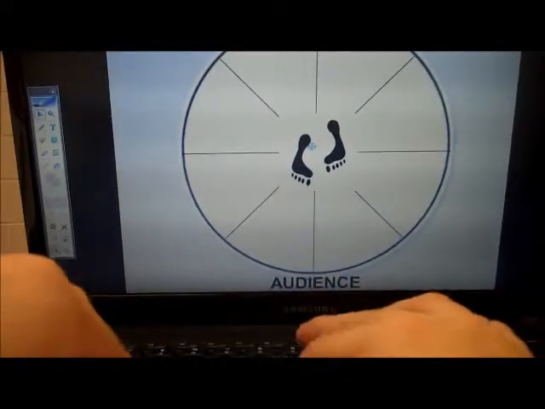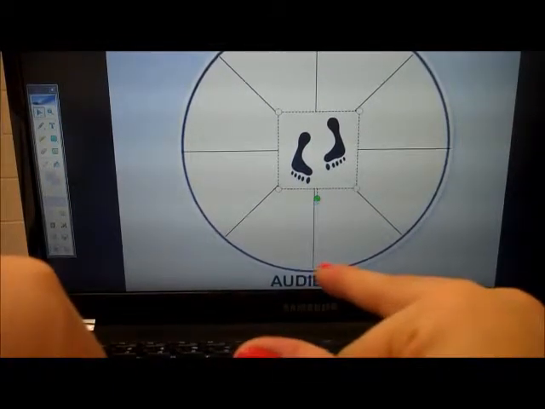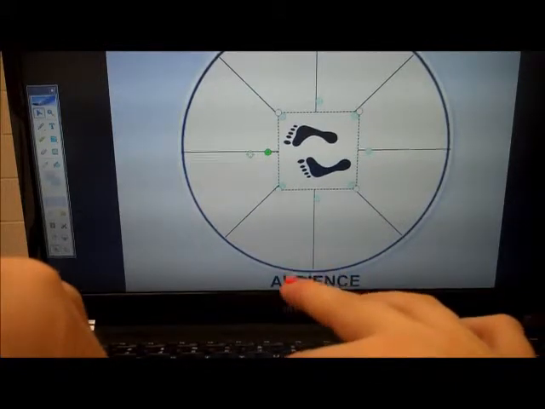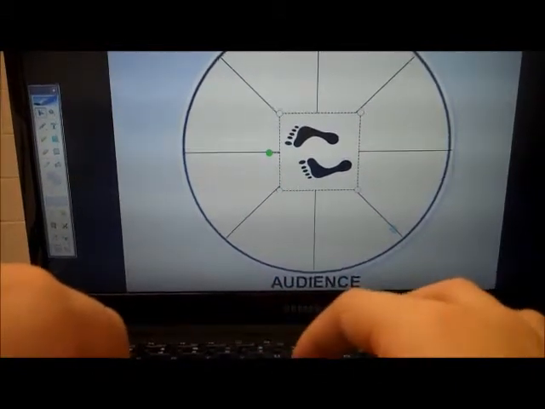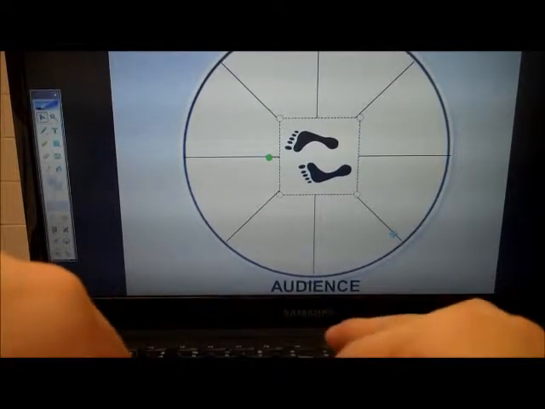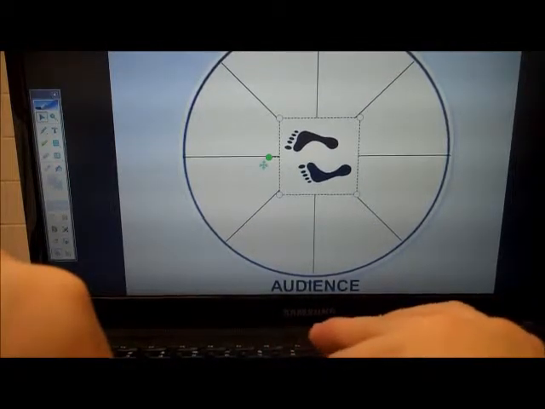So if it was profile right, this person would come over here, and they would move this picture to the correct body position. So they would see that that's profile right. Well, then another student from the student selector might come up and select 3/4 left.